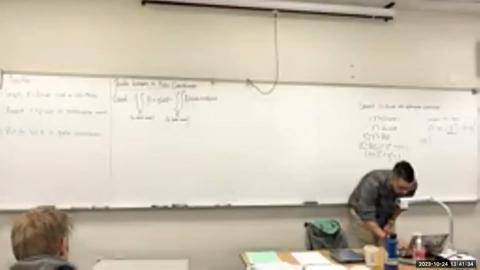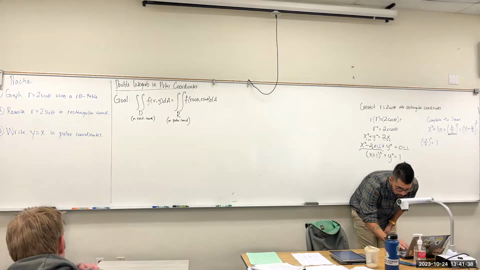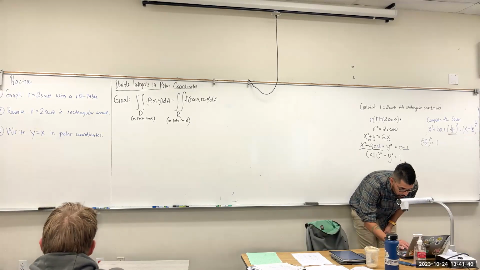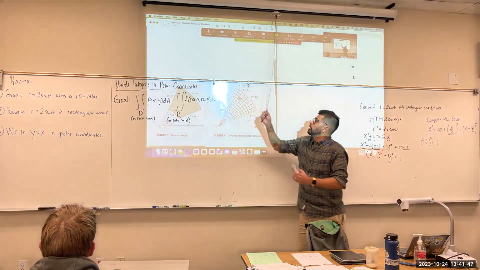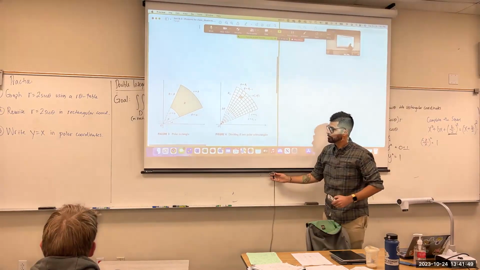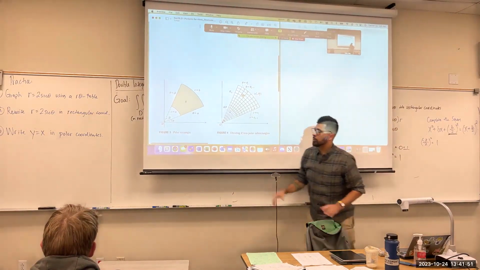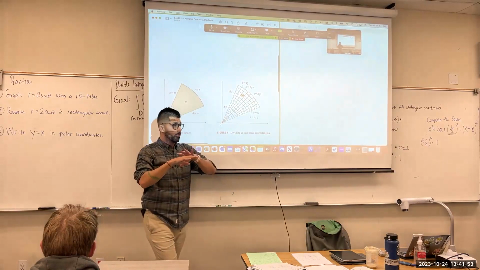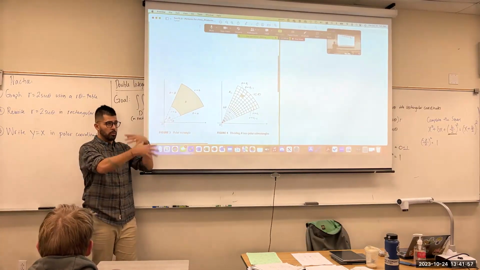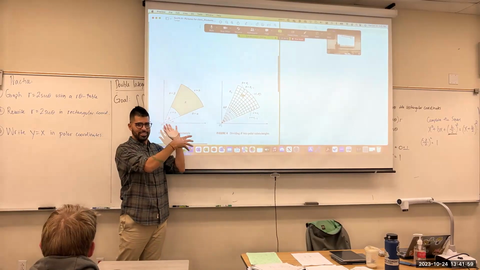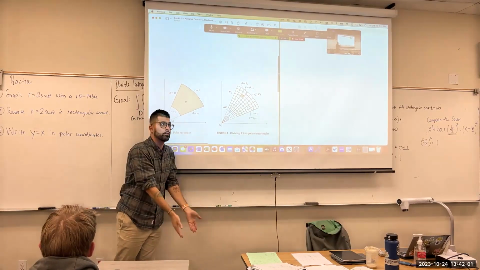All right, so let me show you the game plan. These regions that we saw in the warm-up, which are challenging to bound, most of the time are curvy, they involve circular curves.